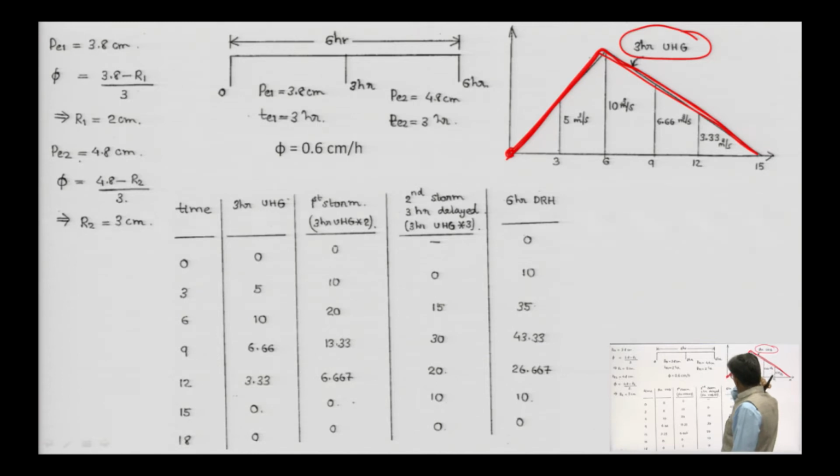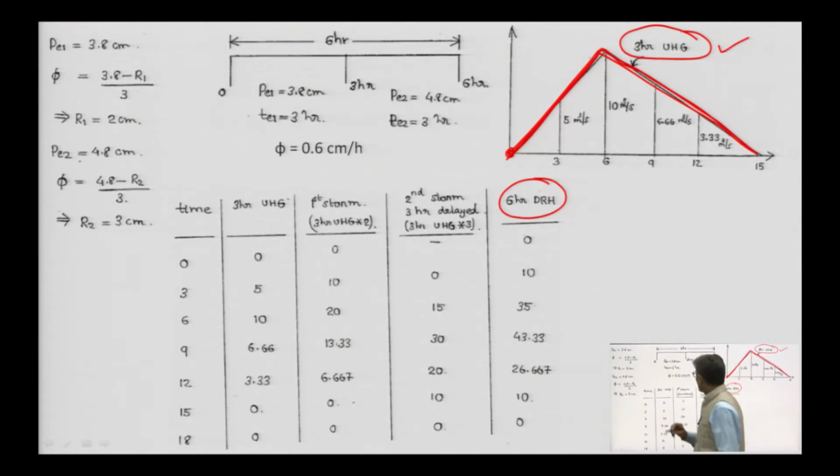What we need to find is the 6R DRH, the direct runoff hydrograph, from this 3R UHG, if the storm is non-uniform.